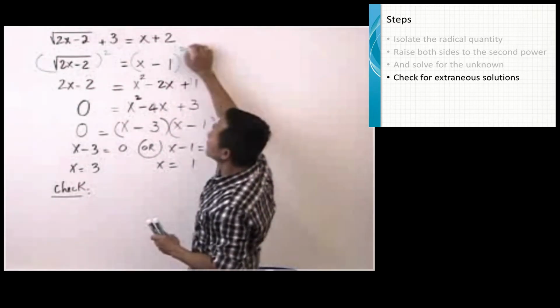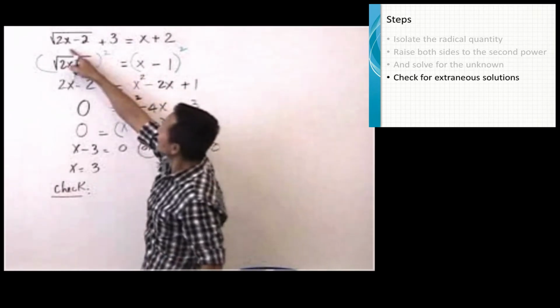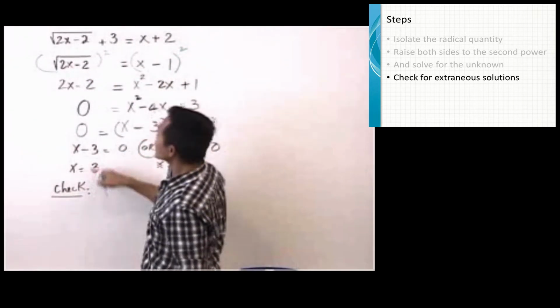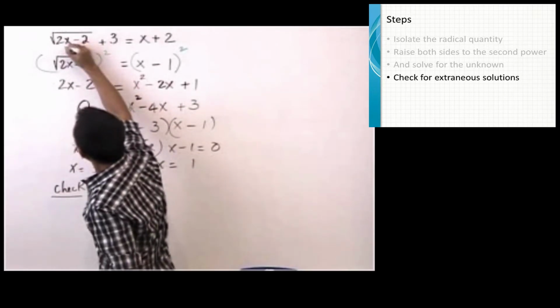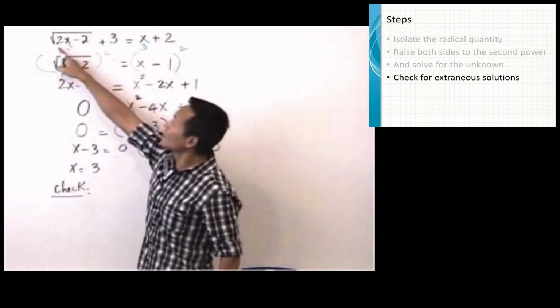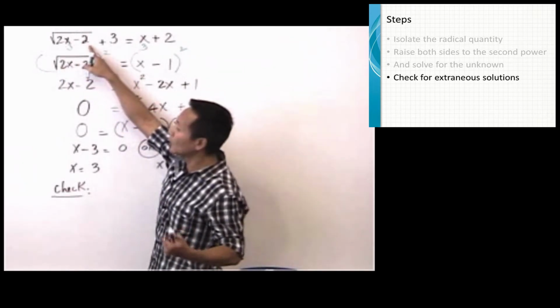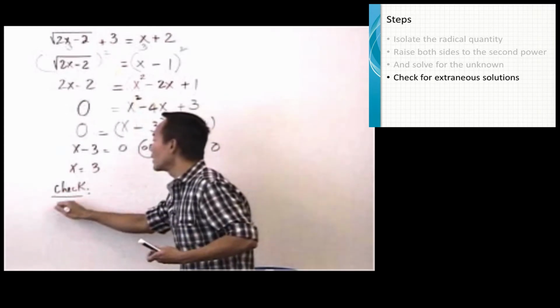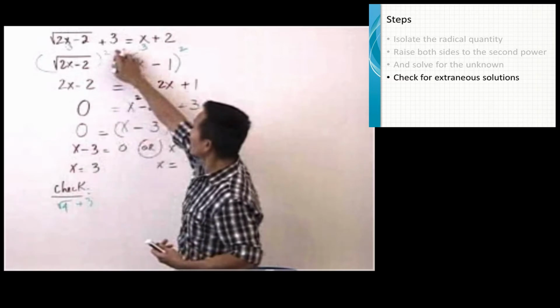You go back to the very beginning of the equation. You replace x here with this solution. In this case, 3 here, 3 here. So under the square root, I have 2 times 3 is 6. 6 take away 2 is 4, so I have square root of 4, plus 3 here.